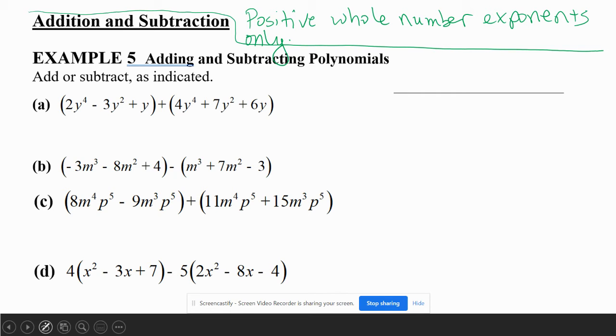So they would not have an x to the 3/5, right? That's not a whole number. Would not have an x in the denominator. Would not have a negative exponent. And it would not have an x in the exponent. So those would not be polynomials.